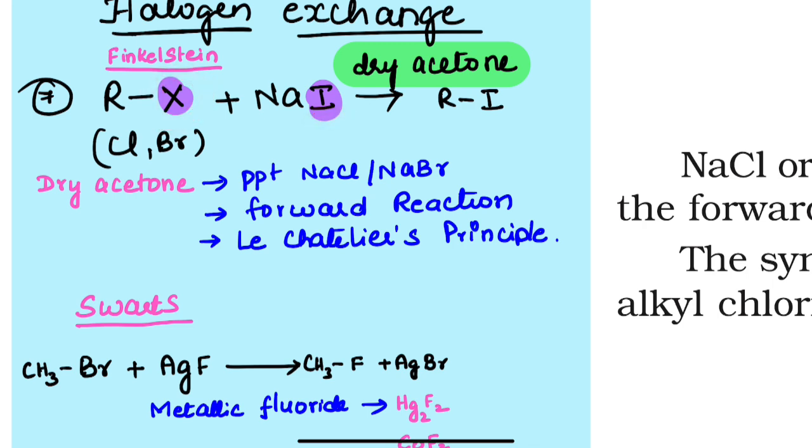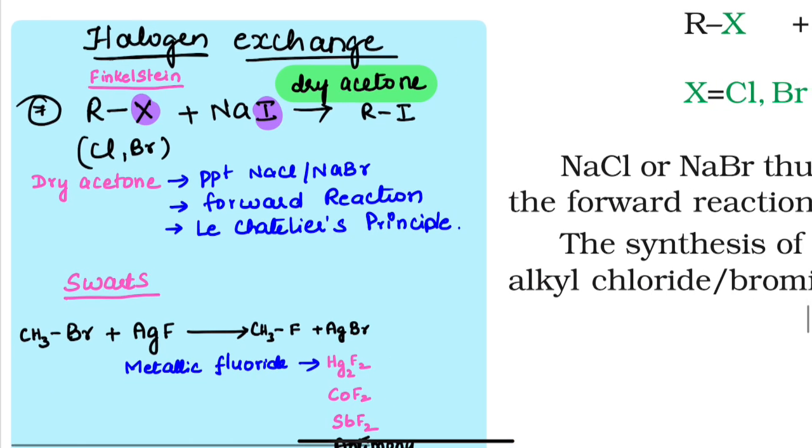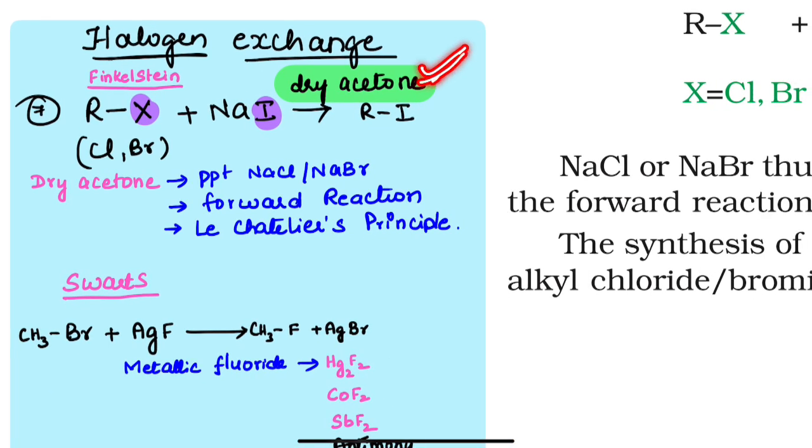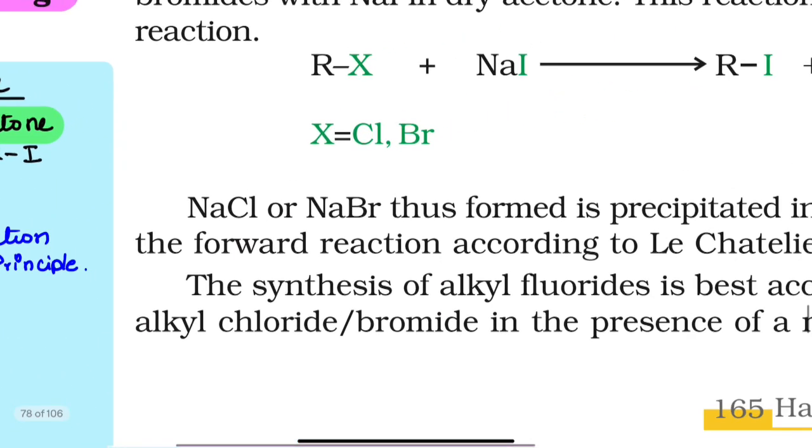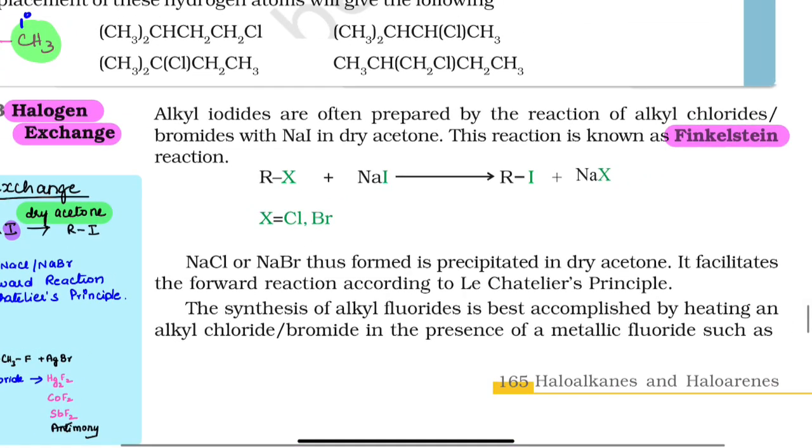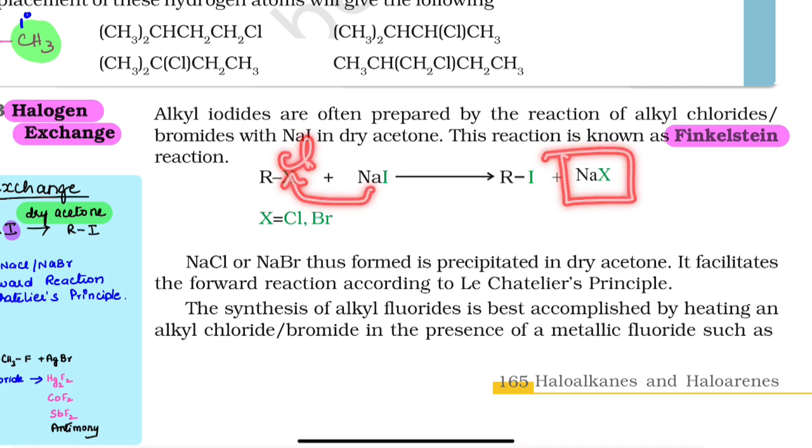with iodine. One important question which can be asked is why we are using dry acetone. The reason I have given here. Dry acetone will precipitate the NaCl or NaBr which is formed. See the reaction here: the halogen is replaced by iodine, and if it is Cl, Na will combine with Cl and NaCl will be formed.